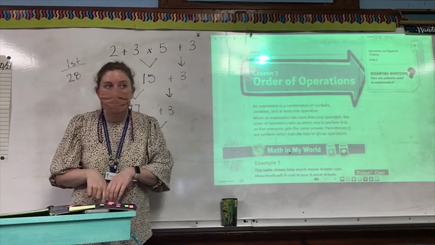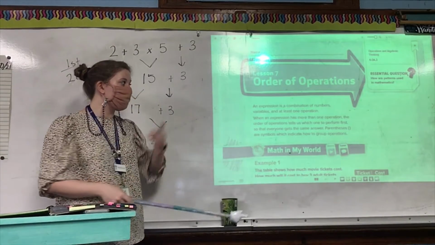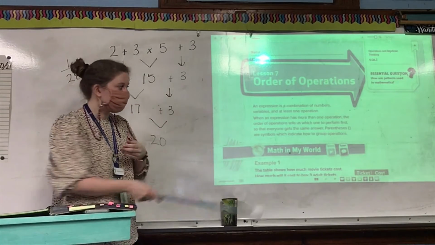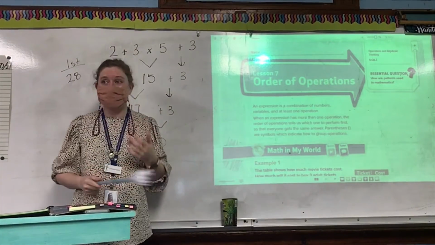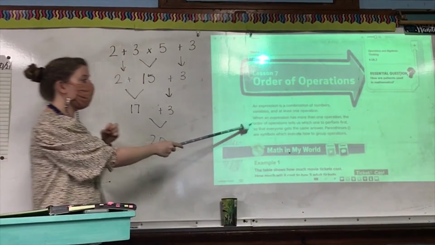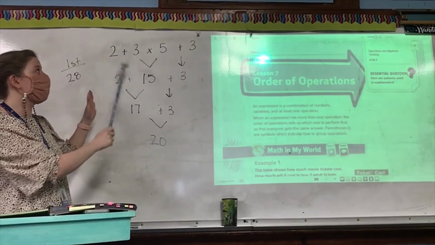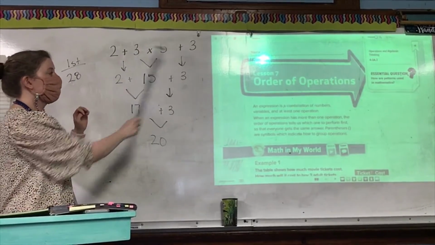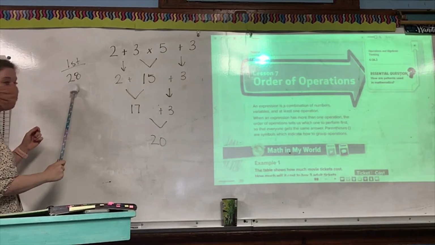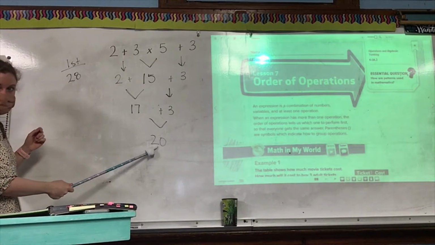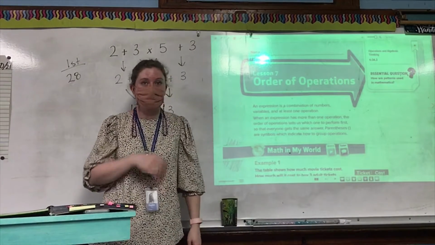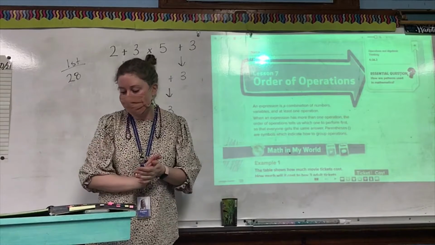We've been writing expressions forever. But sometimes they have more than one operation, like our problem here, and the order of operations tells us which to do first, so that some people don't get this answer and some people get that answer. Now, this is something you will use all the way through high school and college math.